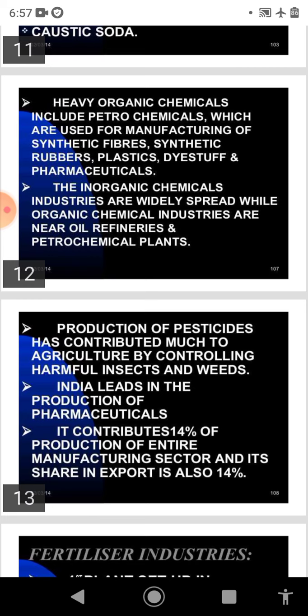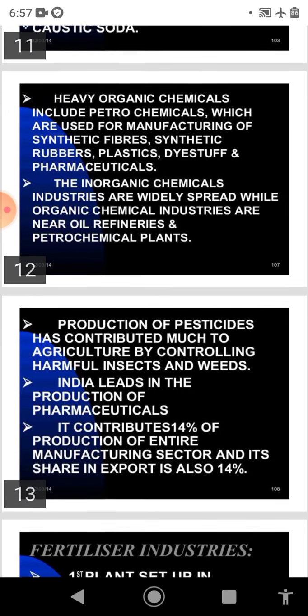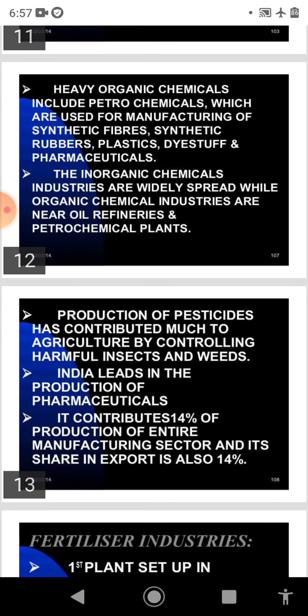Foreign exchange: export of chemicals and chemical products brings foreign exchange to India. Reduction of pressure on land: this industry reduces pressure on land by providing employment to workers. Development of agriculture: the chemical industry supplies pesticides and weedicides to agriculture. This has helped in the development of agriculture.